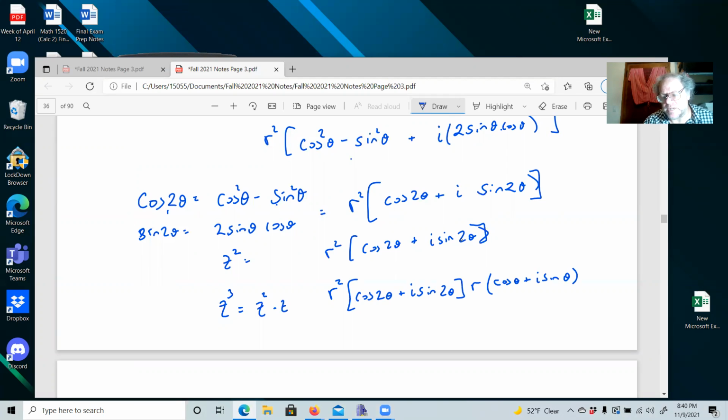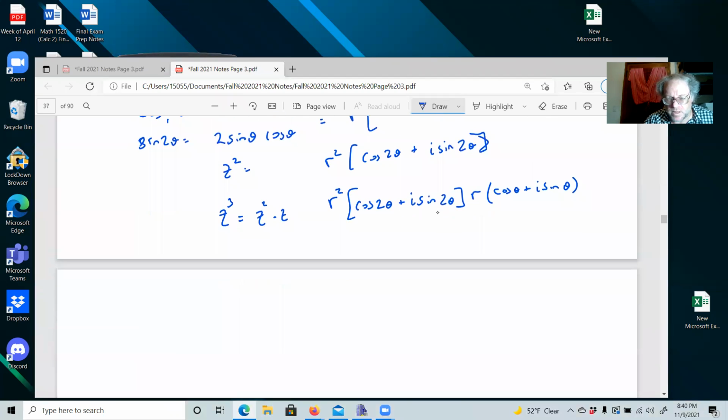So we're going to get our r cubed here. And then we're going to have cosine times cosine, so it's cosine of 2 theta times cosine theta. And then what are we going to have in the middle here? We're going to have an i.